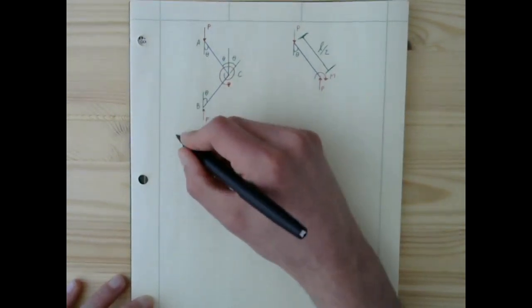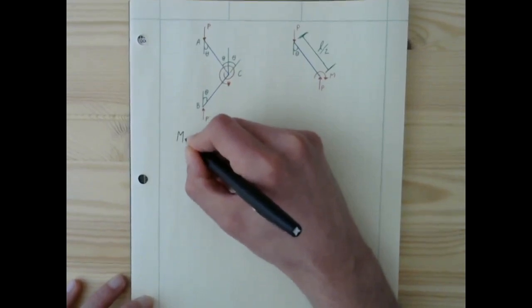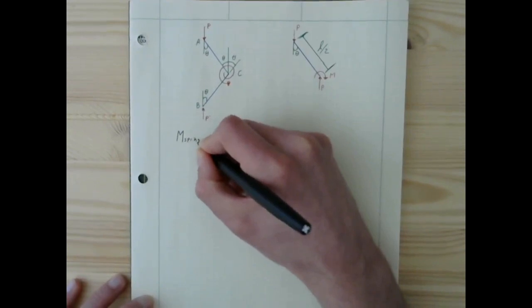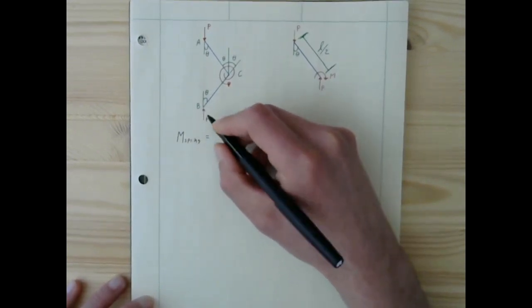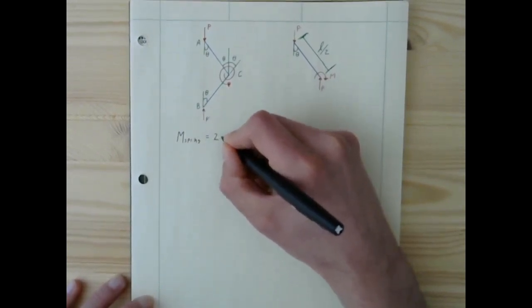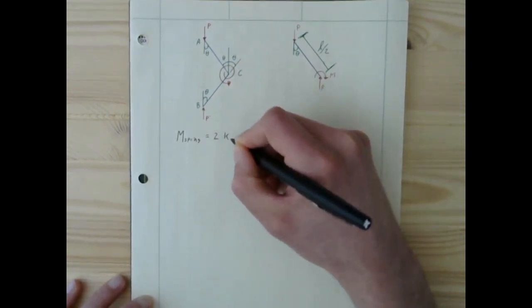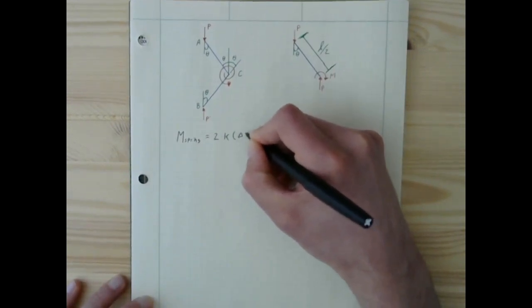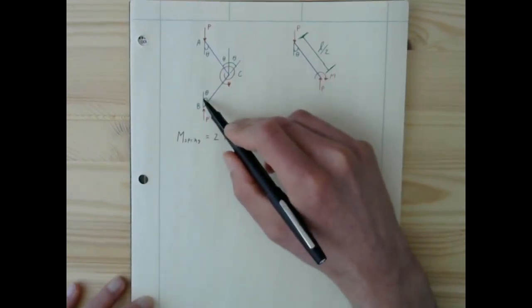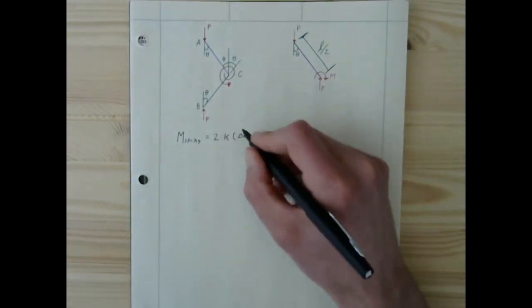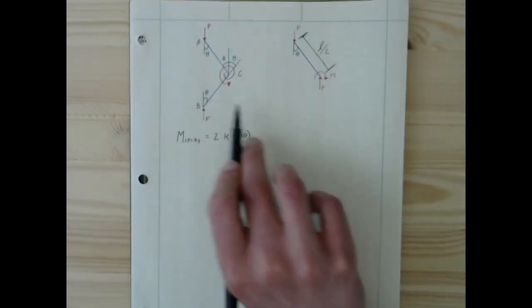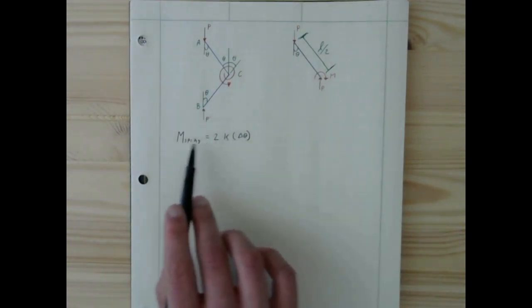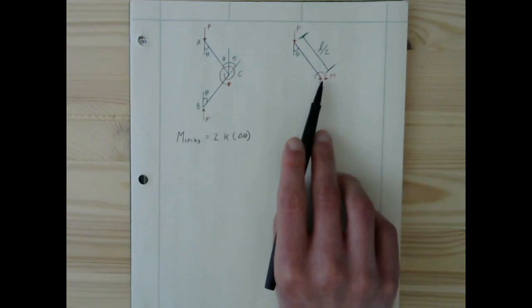The moment exerted by the spring, which I'm going to call M spring, will be 2 times the spring constant times whatever this change in theta is, right? So as we change theta and increase it, we're going to have this moment be exerted down here by the spring.